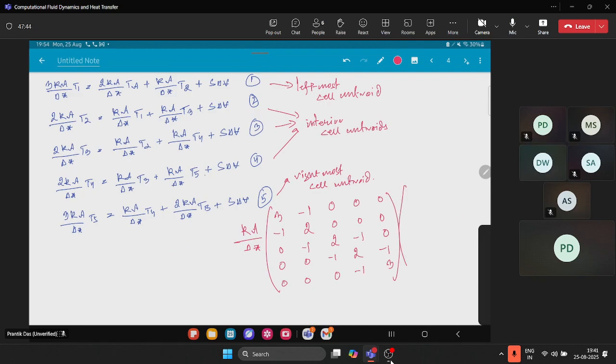Okay, and this will be multiplied by T1 T2 T3 T4 T5.